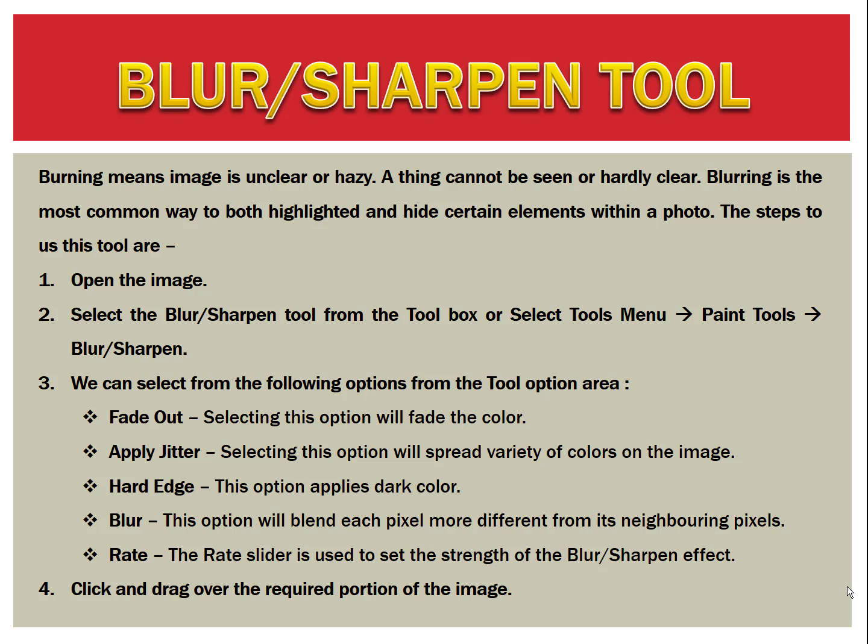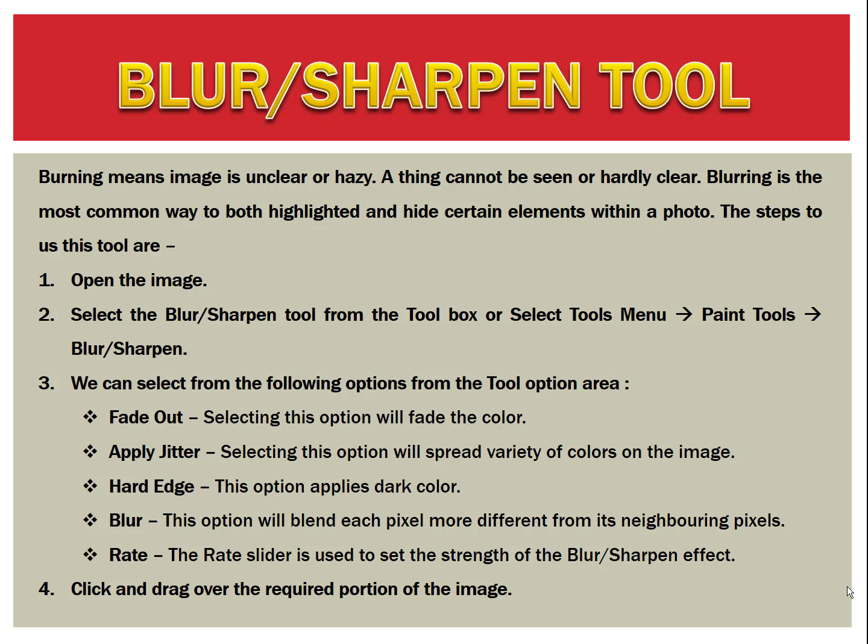First is fade out. Selecting this option will fade the color. Next is apply jitter. Selecting this option will spread a variety of colors on the image. Next is hard edge. This option applies dark color. Next is blur.